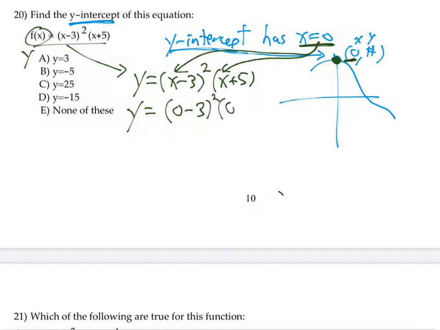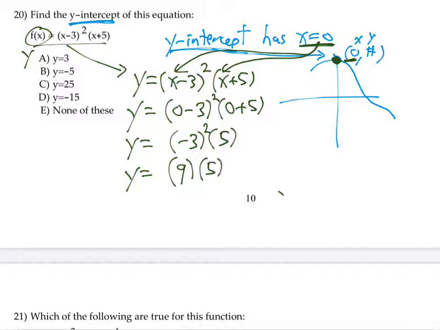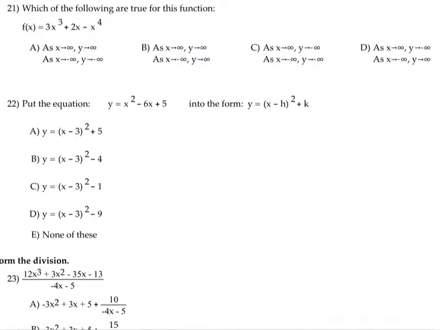So 0 minus 3 squared times 0 plus 5. That's minus 3 squared times 5. That's 9 times 5, that's 45. Ooh, that answer's not there. So it's none of these. On that, some of the answers are none of these.